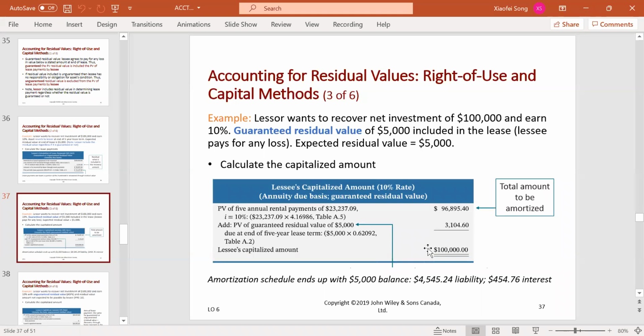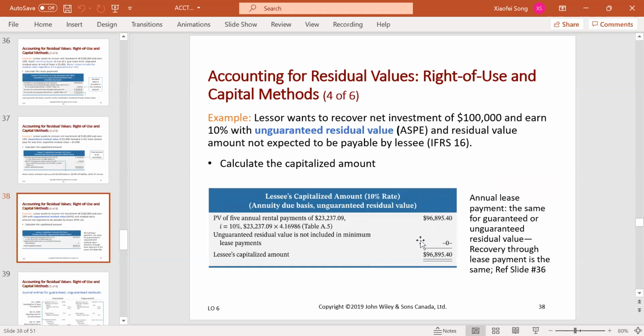However, if the residual value is unguaranteed, the term is a bit different. Under ASPE, it says the residual value is unguaranteed, and under IFRS, it's a residual value not expected to be payable by the lessee.